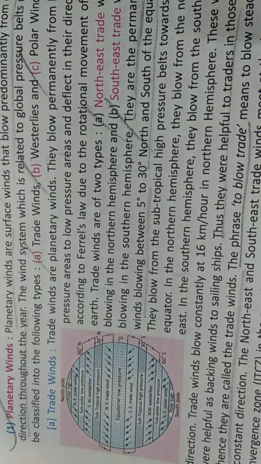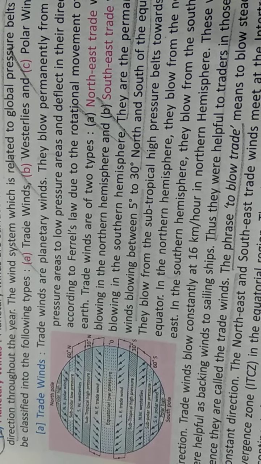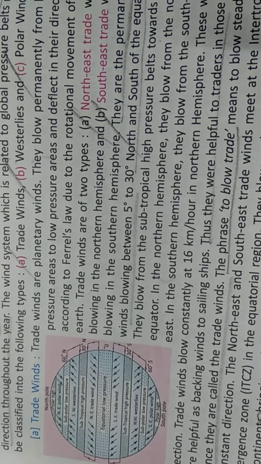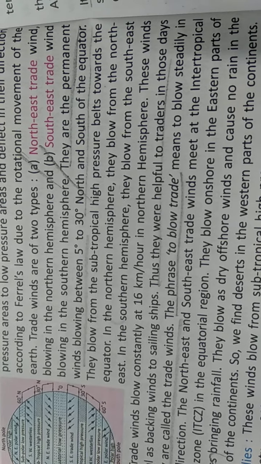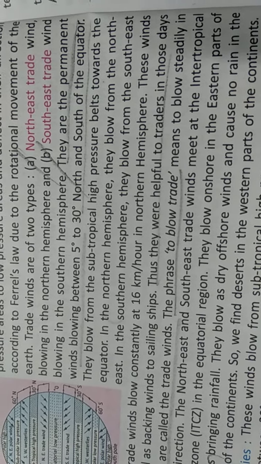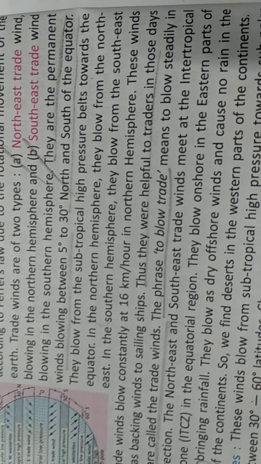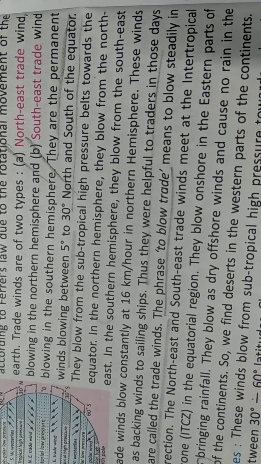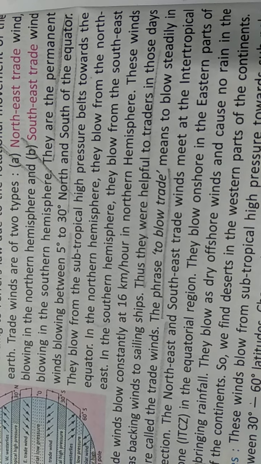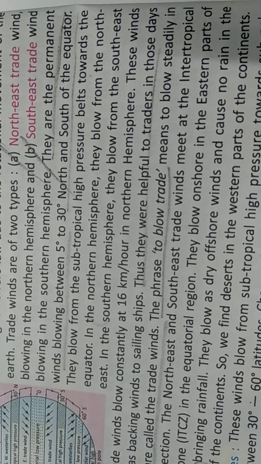Trade winds are of two types: southeast trade winds, which blow in the southern hemisphere, and northeast trade winds in the northern hemisphere. These winds blow permanently from 5 degrees to 10 degrees, where the pressure belt shifting occurs in the northern hemisphere during the hot season or the summer season. And it is in the north and south of the equator that this wind blows.